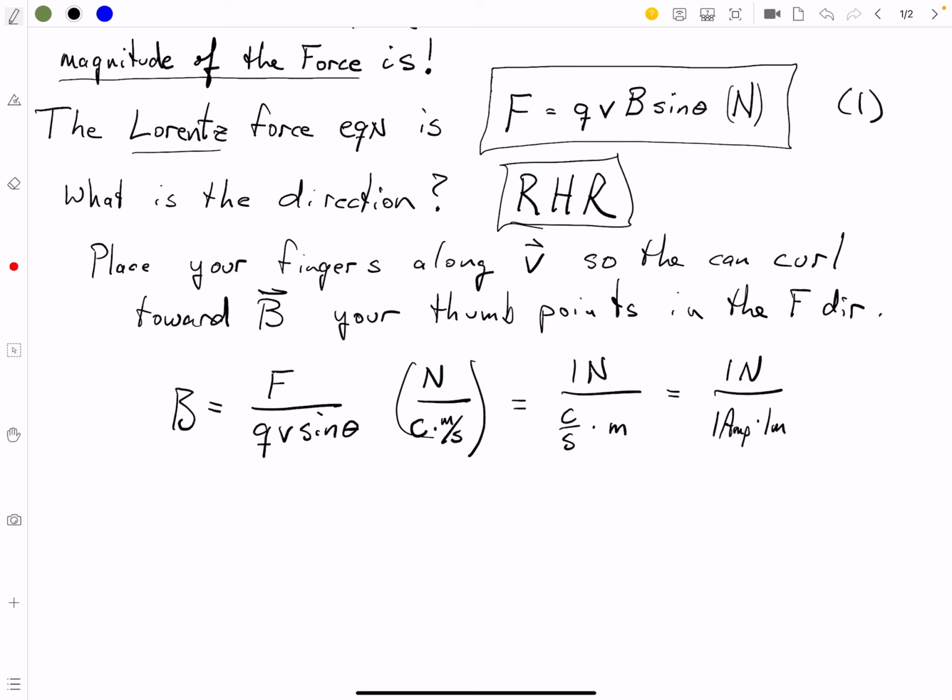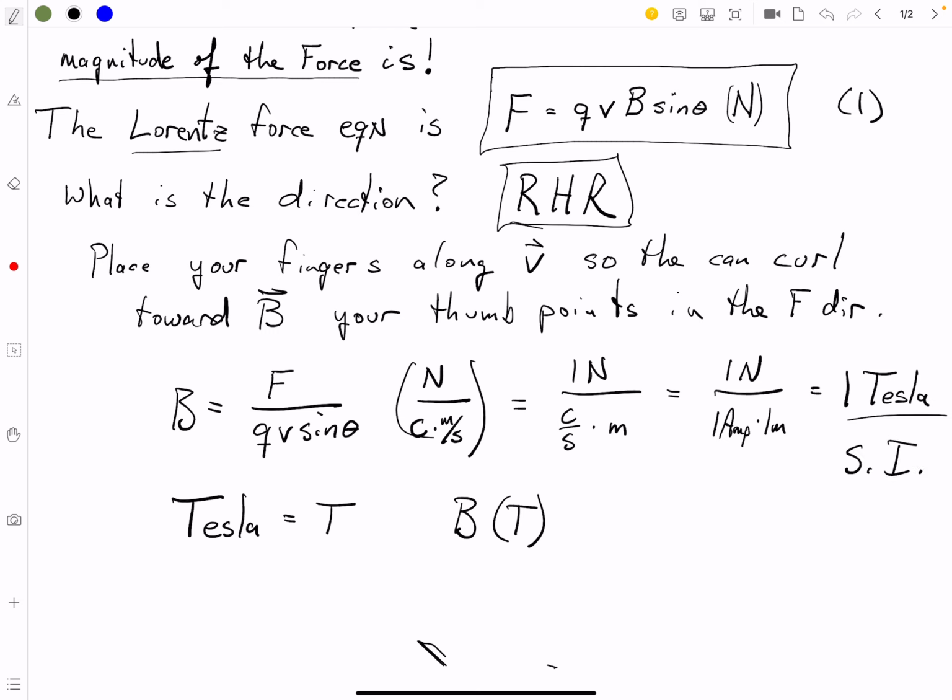A Tesla. We are honoring Nikolai Tesla, and we call it a T. Just as we turned newtons into an N, we take a Tesla and make it a T. So our B field units are Teslas, and that is the SI unit.